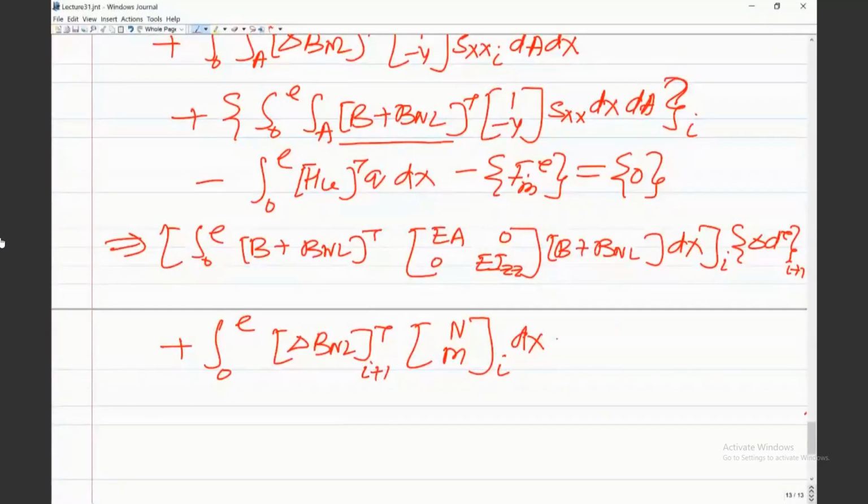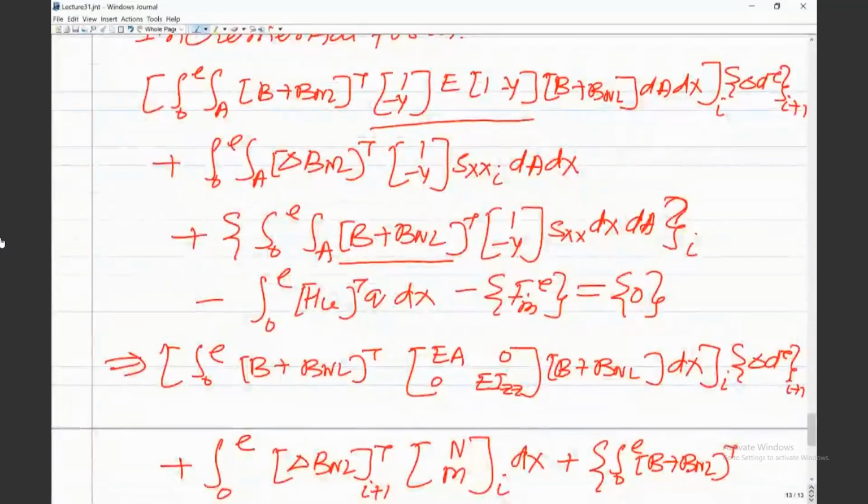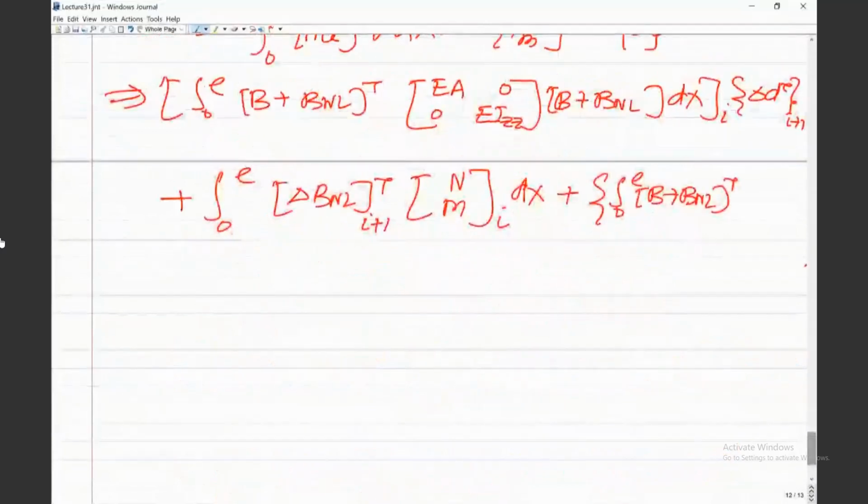So this will be the first term, the second term. Then the third term is integration 0 to L, and B plus BNL of course remains as it is, transpose. And then again here, if you look at 1 Sxx, we had 1 minus y and Sxx here also, so that also will translate to N and M, so that is N and M dx.